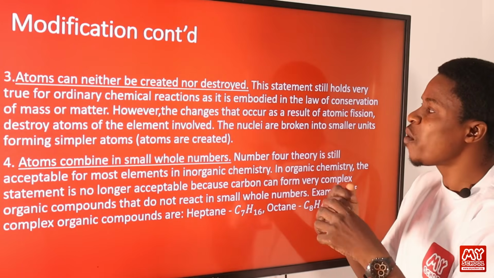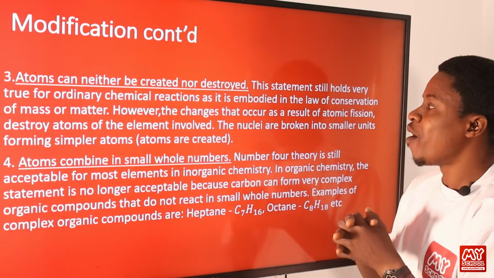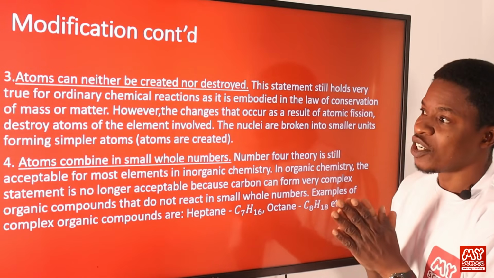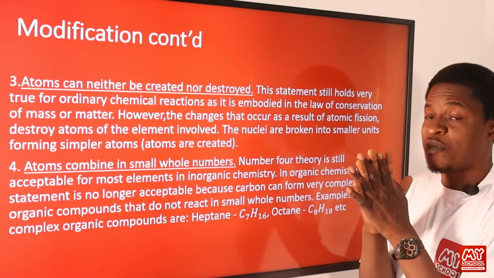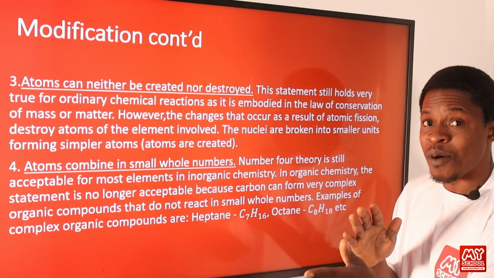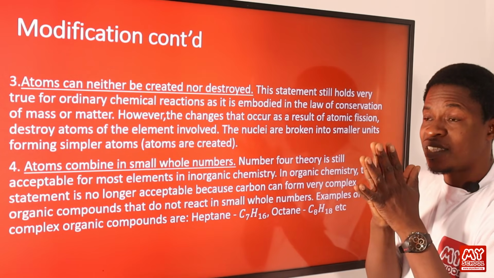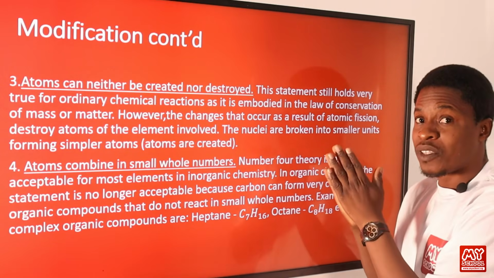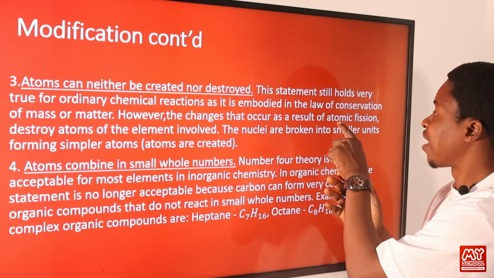But in cases where we have atomic fission, okay, changes that occur as a result of atomic fission. When we have one atom and another atom reacting together to form a bigger one, that is what we call fusion. But we are talking about atomic fission now.